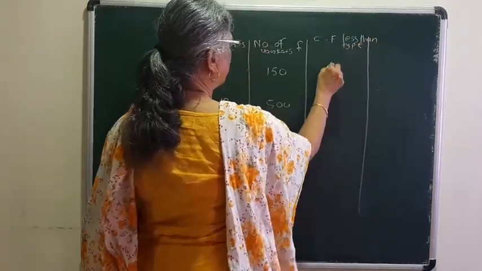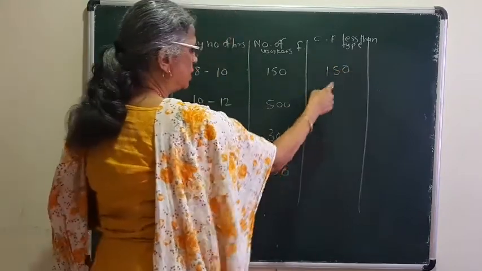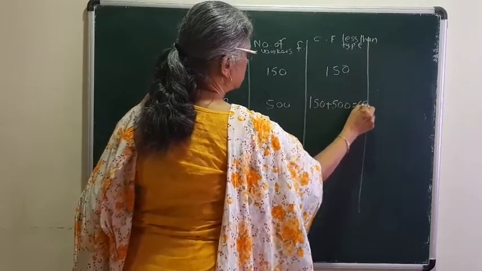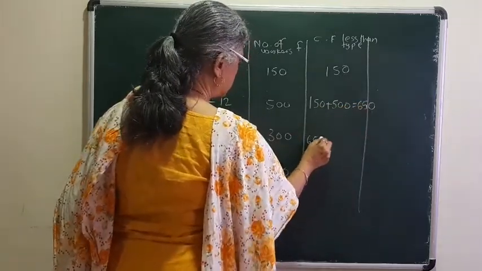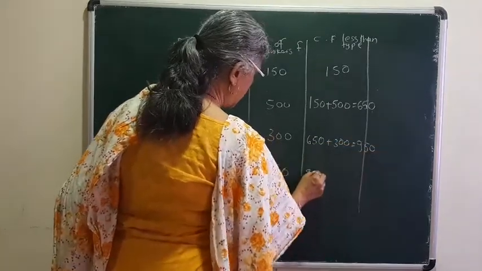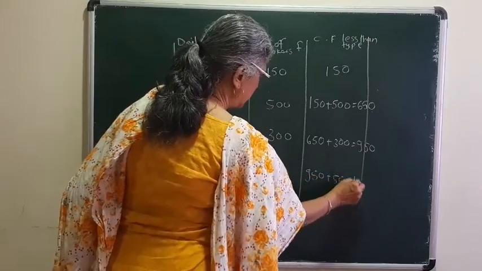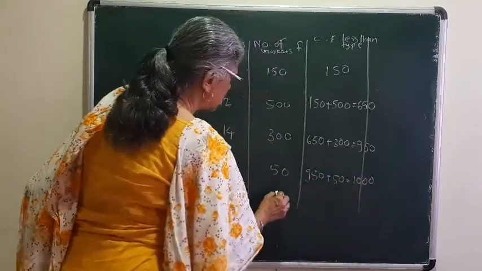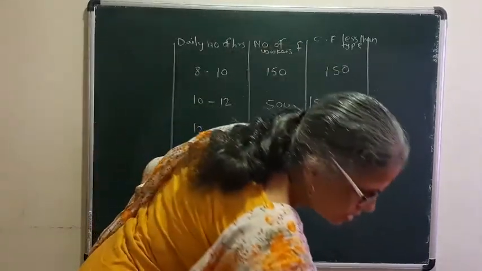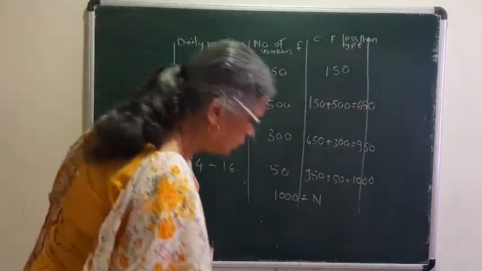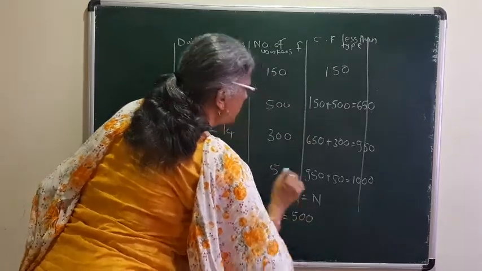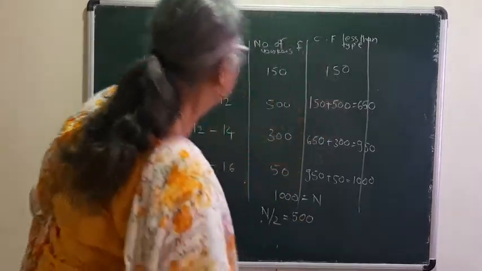Write 150 as it is, go on adding the next: 150 plus 500 is 650, 650 plus 300 is 950, and 950 plus 50 becomes 1000. You label this 1000 as capital N. Followed? Then after writing this capital N, you find N by 2, which is 500. Followed?